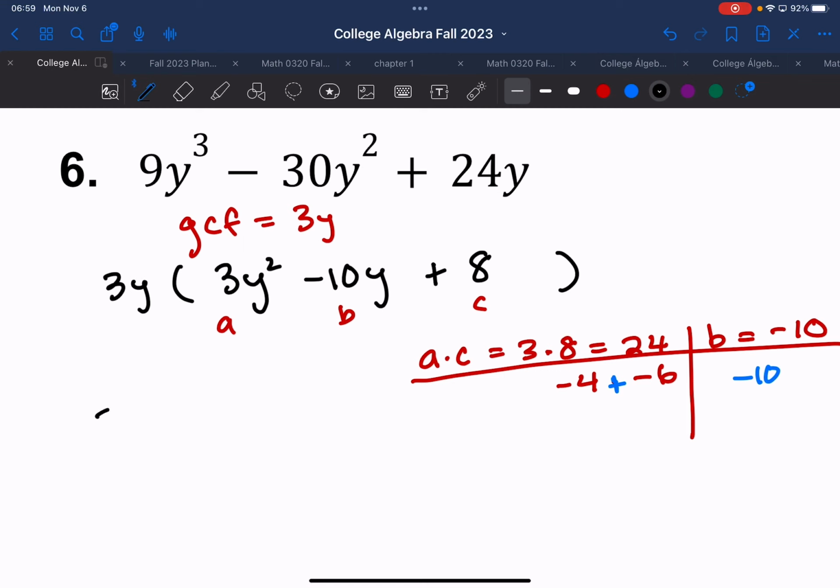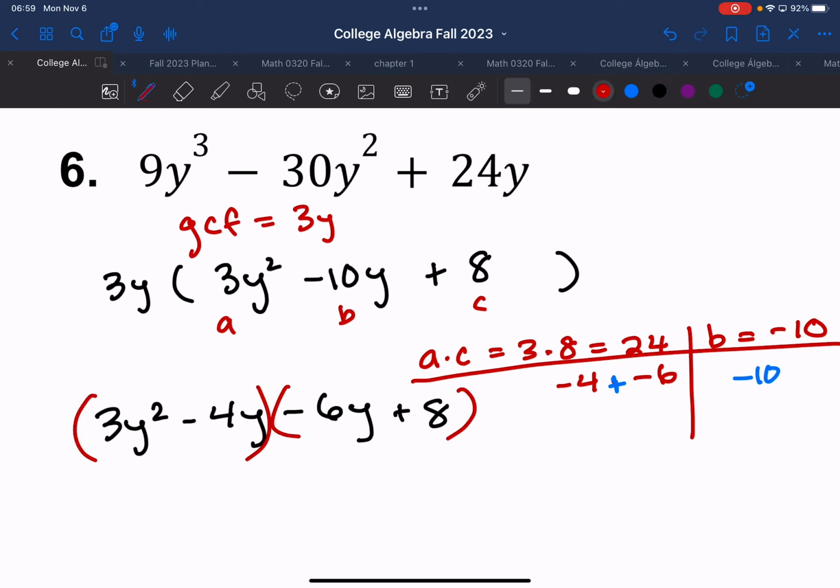So I have 3y squared minus 4y minus 6y plus 8. So I expanded my B value into 2 terms. What's my GCF that I can take out of the first one? Yep, just y.